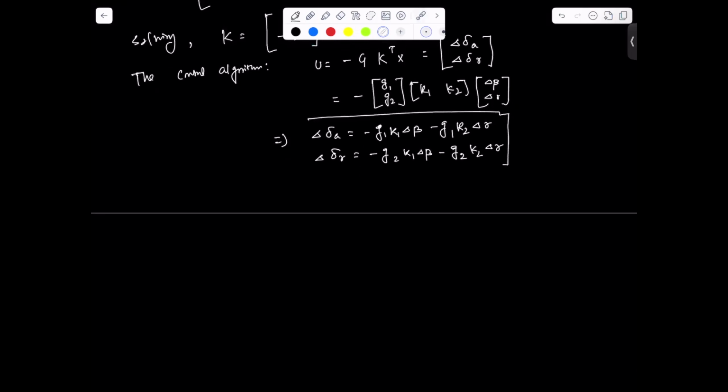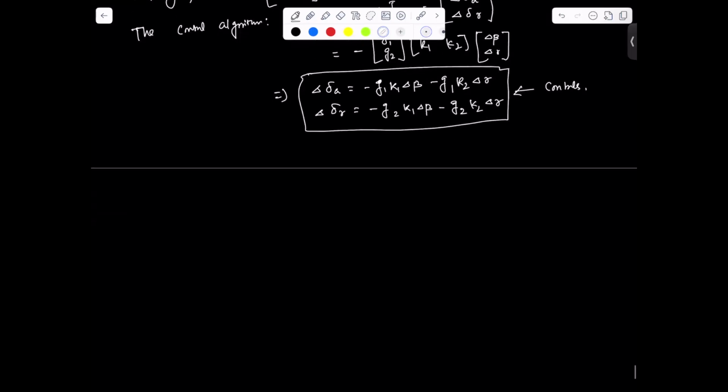If you notice, two controls are there, right? Two controls. So now this is how we can find our control gain parameter.